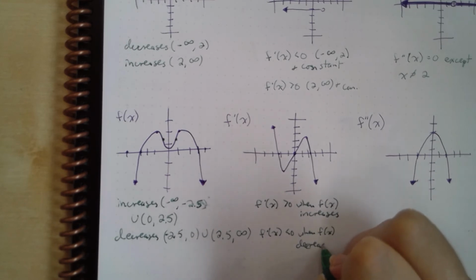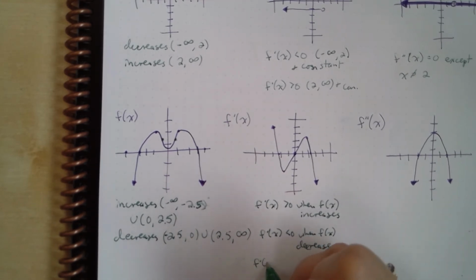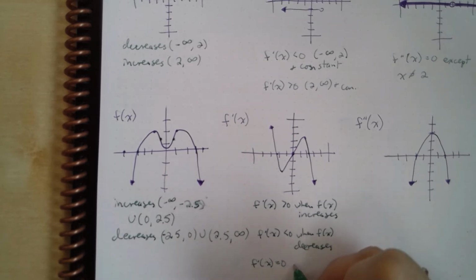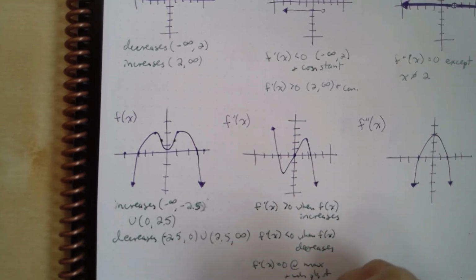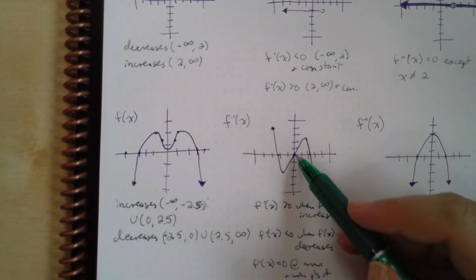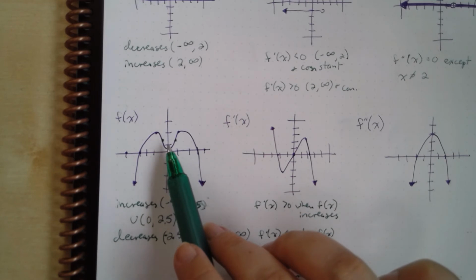I spelled decreases wrong. And f prime of x is equal to 0 at the maximum and minimum points of f of x, right? So at 0, 0, 0, those were our maximum and minimum points here, yes?